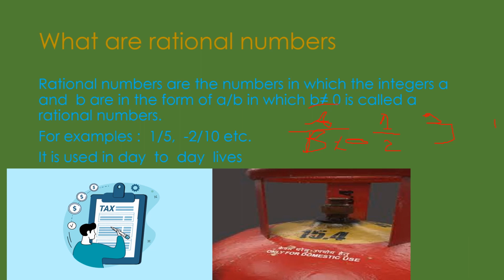So we need to satisfy the condition of rational numbers that b is not equal to 0. It is used in day-to-day lives for tax department, for gas station, etc. Okay, let's go.